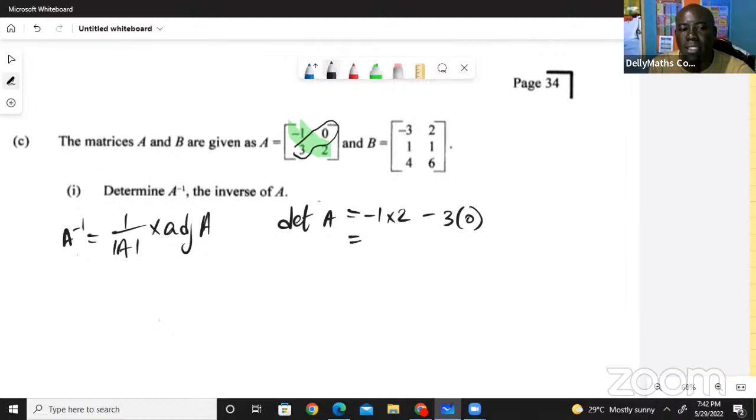So you're looking at -2. So the determinant of A is -2. You want to take note of that for now.